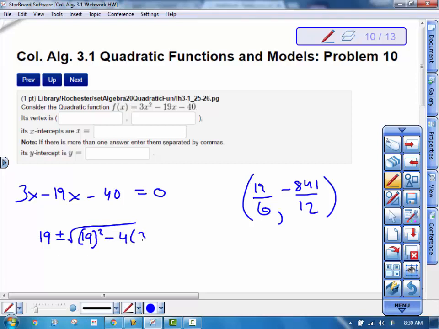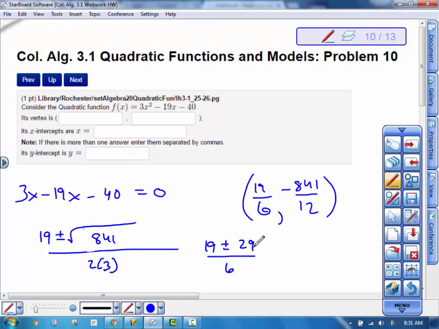Minus 4 times a times c, all over 2a. What's under the radical, if I simplify that, it gives me 841. And then the square root of 841 is 29. So it would be 19 plus or minus 29 divided by 6.